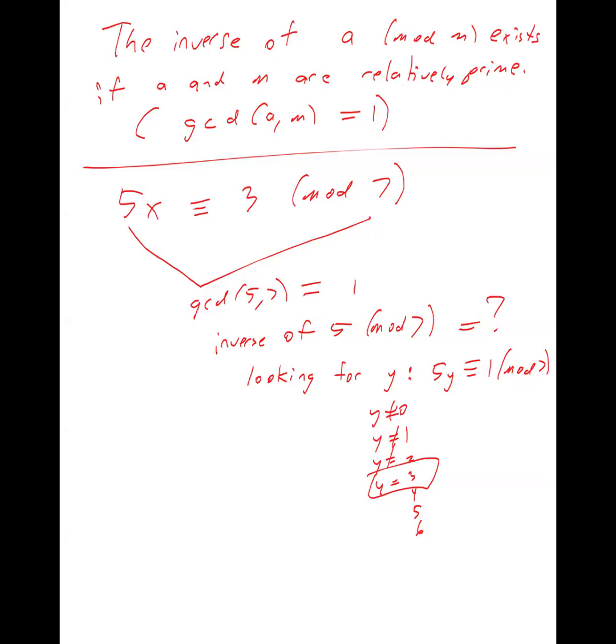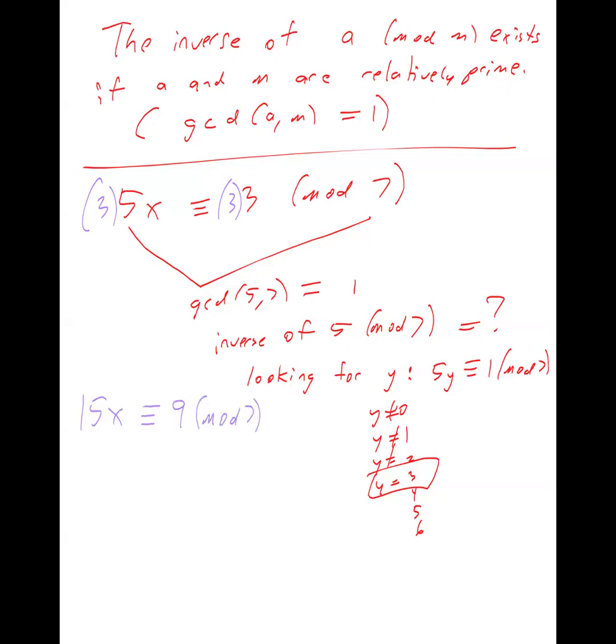So how do I solve the congruence 5x is congruent to 3 mod 7? Well, I know the inverse of 5 mod 7 is 3. I am allowed to multiply both sides of a congruence by an integer. So multiply both sides by 3, and we get 15x is congruent to 9 mod 7.